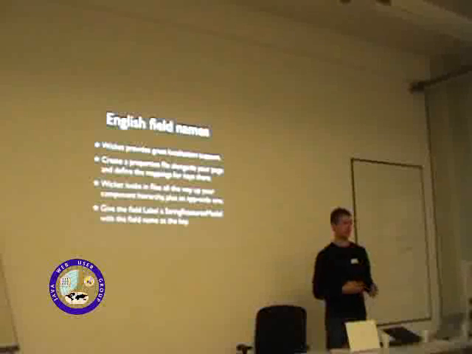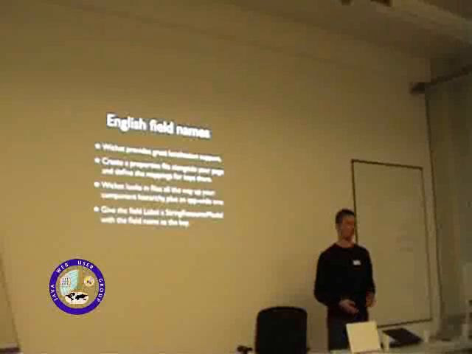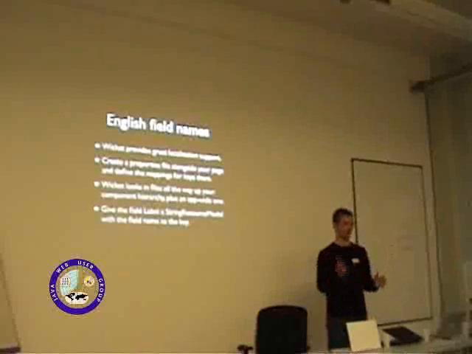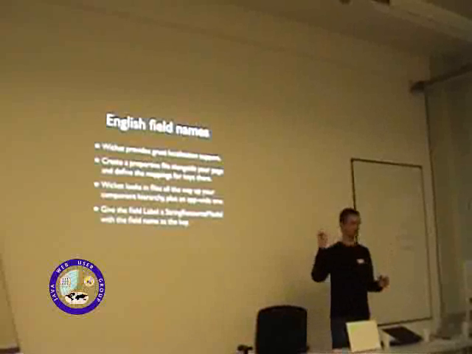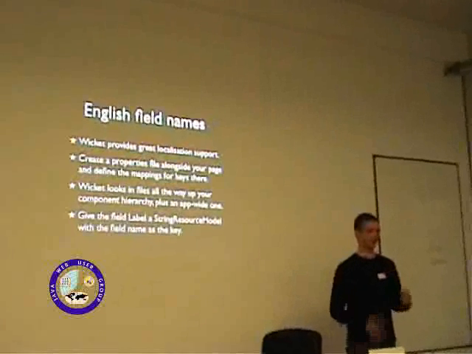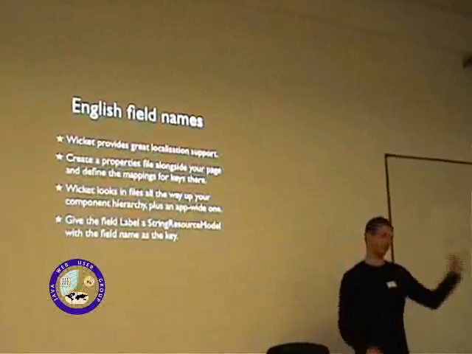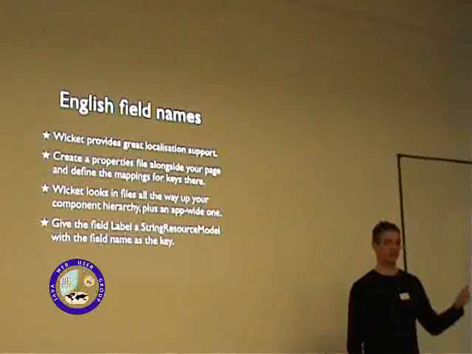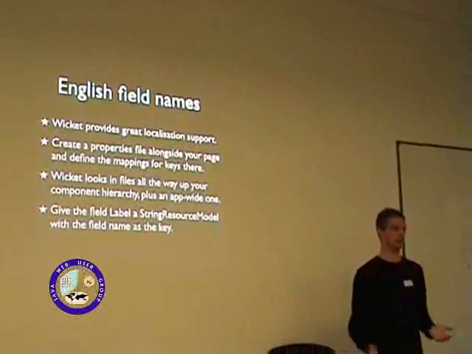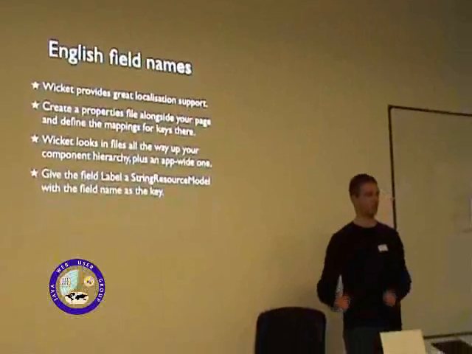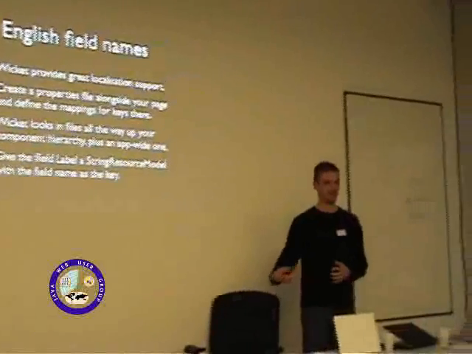So say, for example, you want to write a bunch of pages which all use the same terminology. Say you've got tabs on the page that go browse, create, favorites or something like that, and you have this on lots of different pages. You can put that single translation in one place, which is great. Lots of frameworks like that. But you can also override it for a given page if you want to. It's really easy to do.